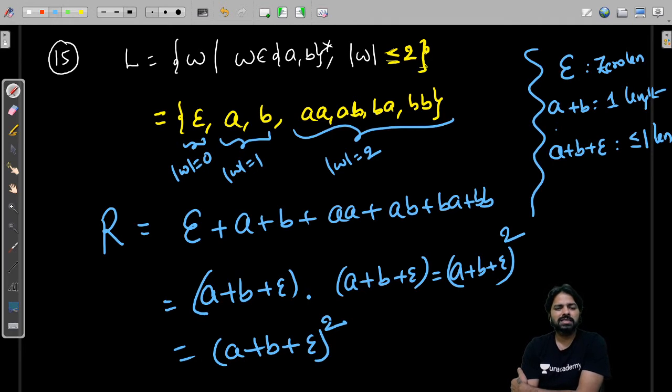This is one of the standard forms, because in future, if it is 100, just write A plus B plus epsilon power 100. It will get 0 length, 1 length, 2 length up to 100. Clear this point?